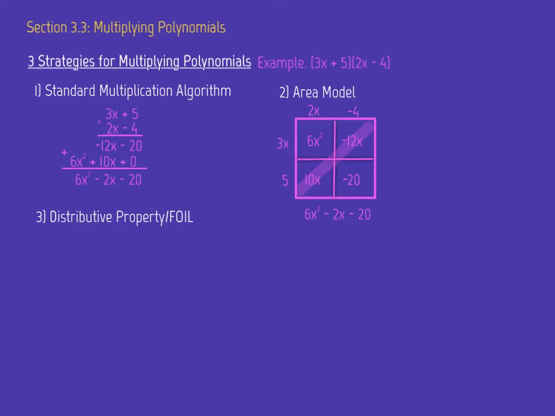If we want to extend this process, though, to polynomials that aren't necessarily binomials, we would need to use more so the distributive property to make sure that we take into account all of the different terms being multiplied together. Now, for those of you who haven't heard of foiling before, what does it stand for? It stands for first, outer, inner, last.